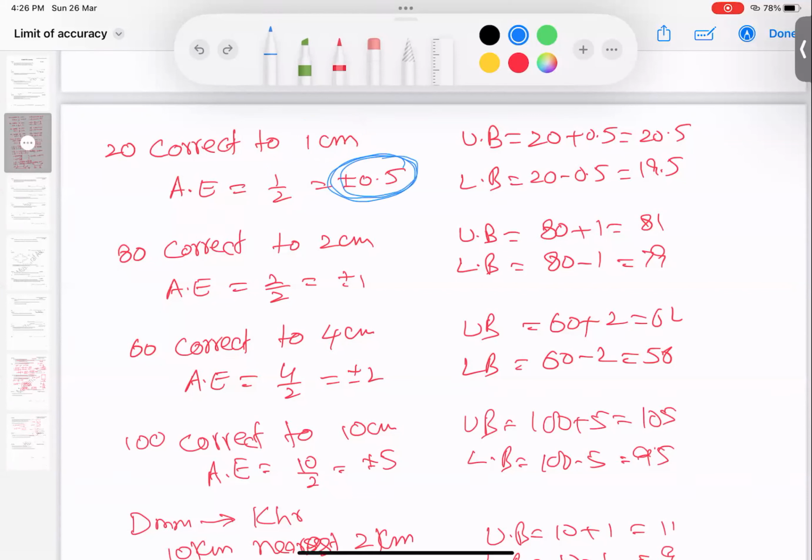This 0.5 you will add to 20, so I will get the upper bound. If I subtract the same value from 20, I get 19.5. It's called the lower bound. So this is one example which you understood.